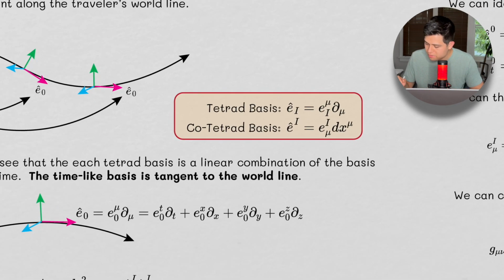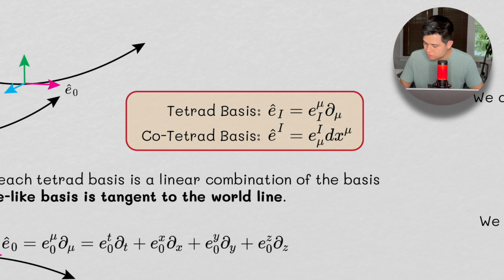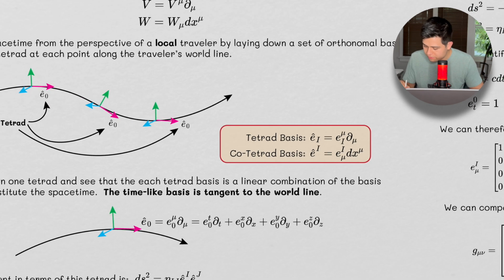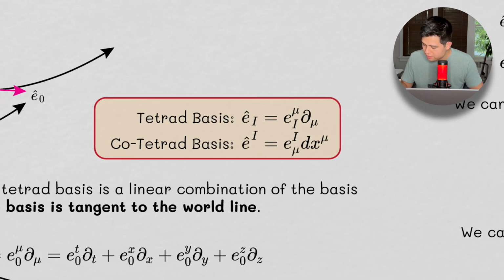The tetrad basis is going to look like this. This is E hat, what I have here. When we have a subscript, we're talking about the tetrad basis. The co-tetrad basis is going to be superscripted.